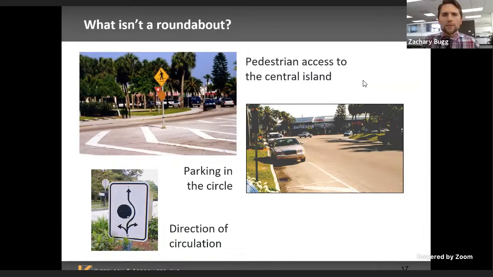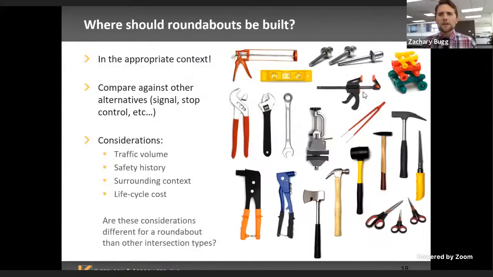All right, moving on. So now we know the difference between roundabouts and traffic circles. Where should they be built? I think back in the early days, roundabouts might have been used in some situations where they were thought of as a kind of silver bullet, and maybe folks took risks.